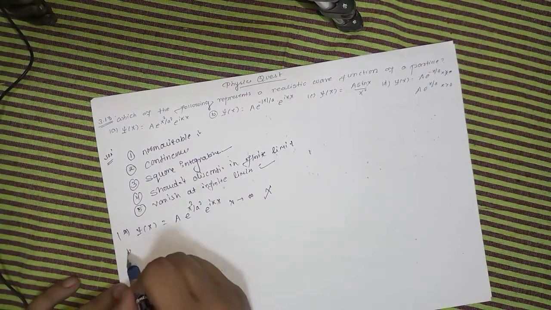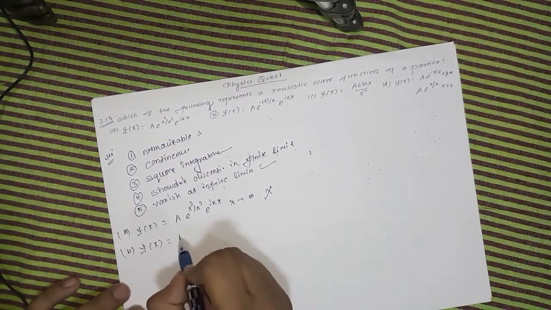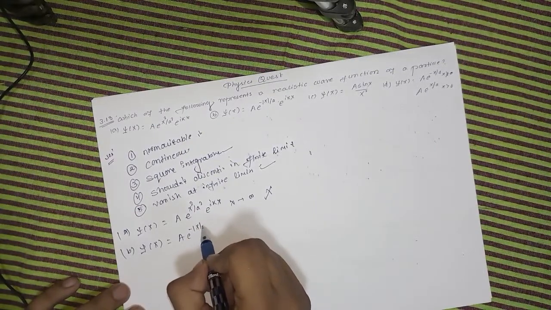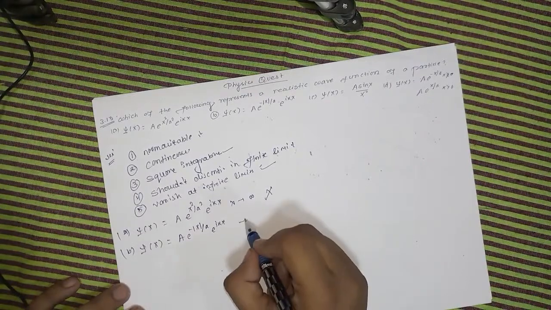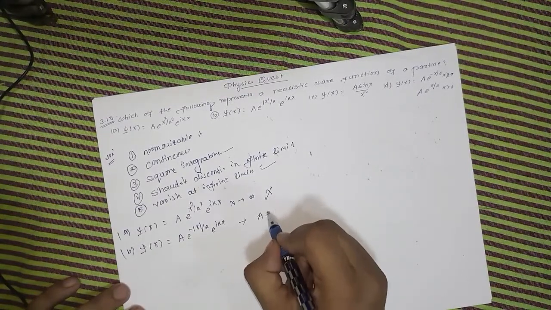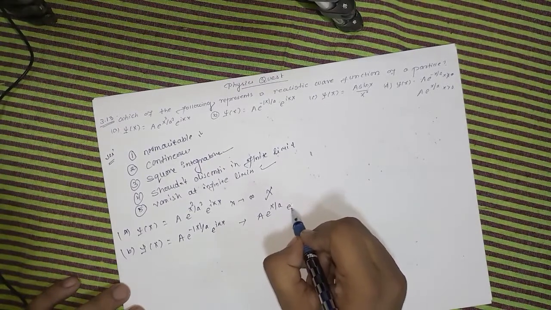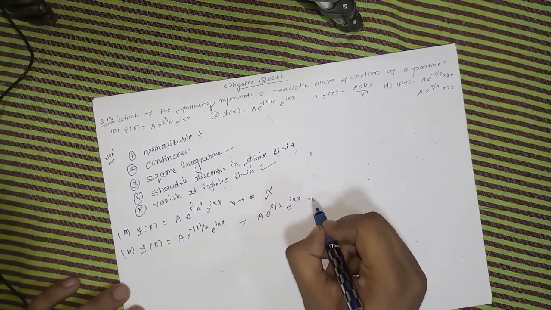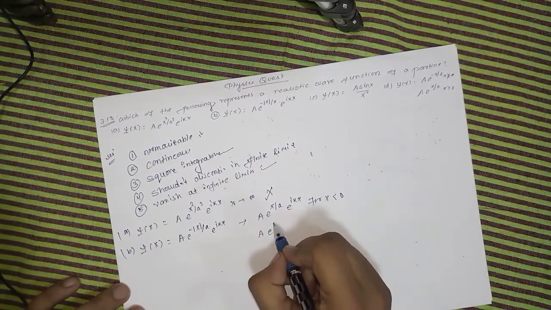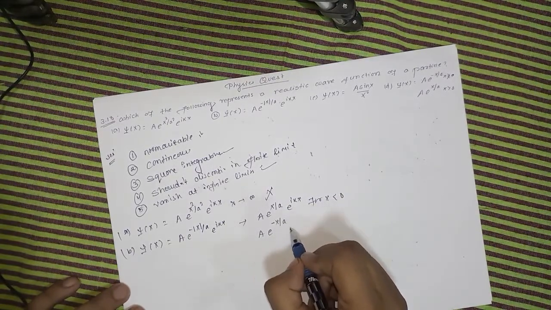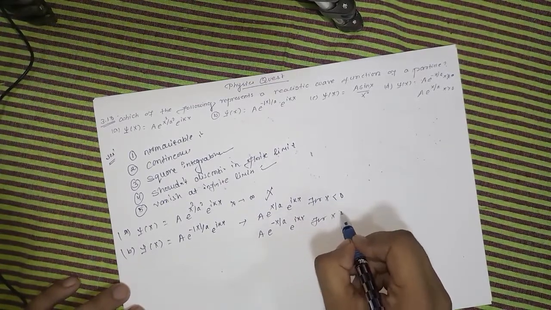So it is not a realistic wave function. For b, let's say psi of x equals a e to the power mod x upon a, times e to the power i kx. So it means it is a e to the power x upon a e to the power i kx for x less than 0, and a e to the power negative x upon a e to the power i kx for x greater than 0.